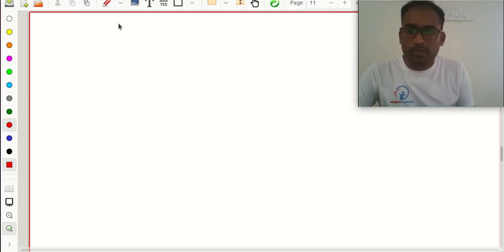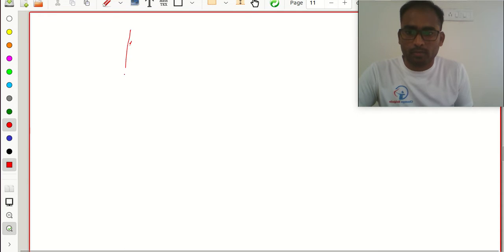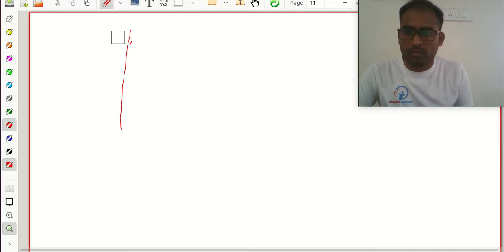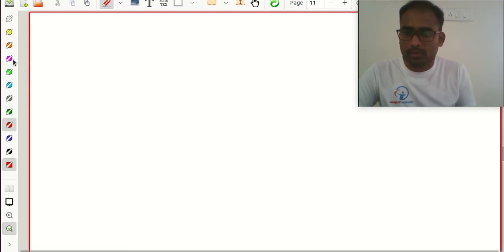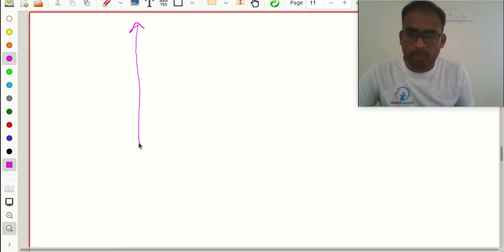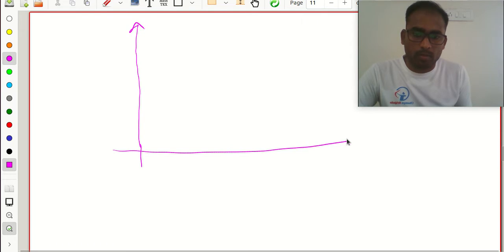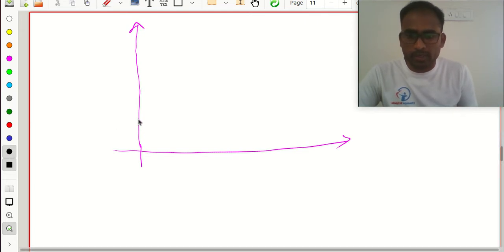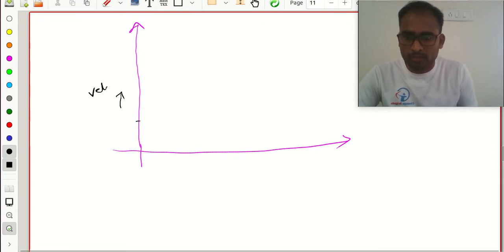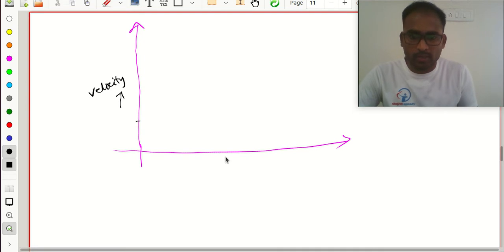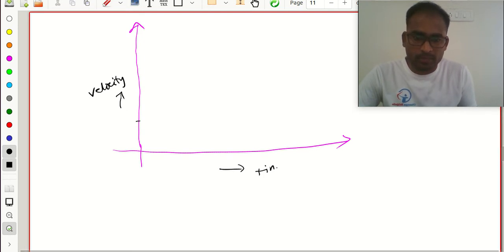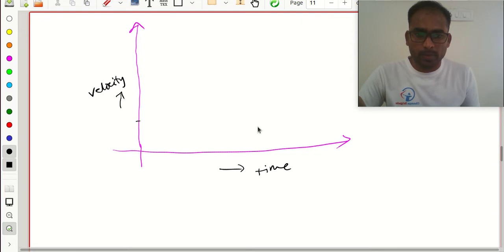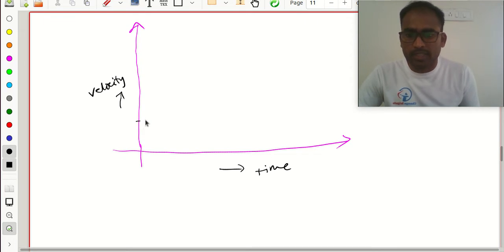So see here. I am taking some initial velocity. This is our velocity in kilometer per hour, and this is time.